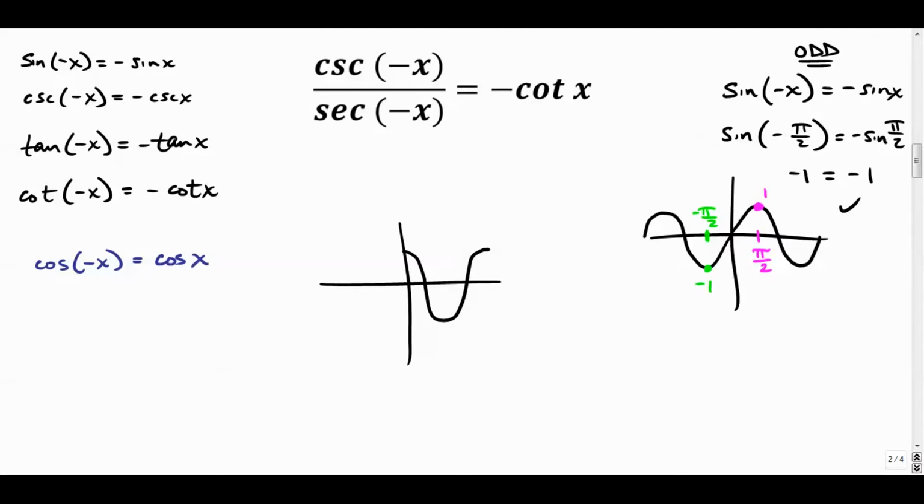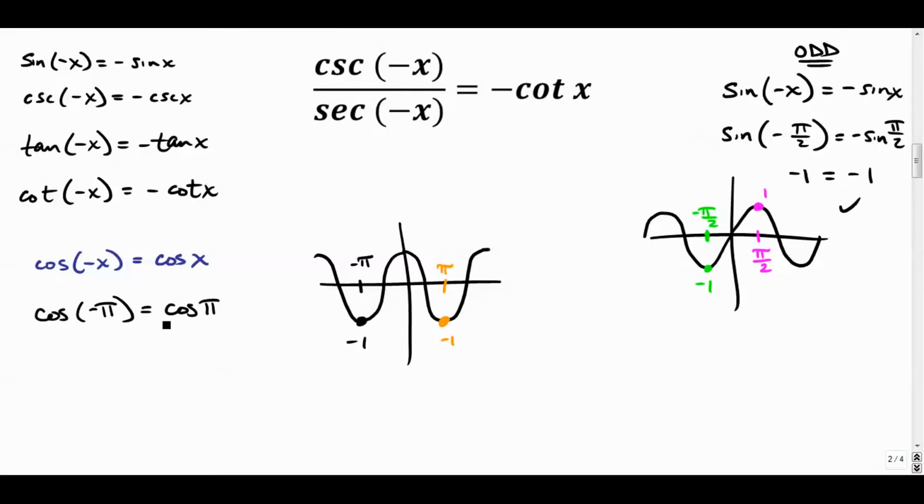So in other words, let's examine the cosine of pi. The cosine of pi is negative 1. Well, if we go backwards now and draw another cycle, the cosine of negative pi is also negative 1. So the cosine of negative pi is equal to the cosine of pi.